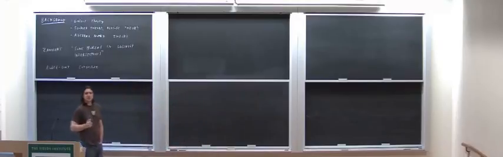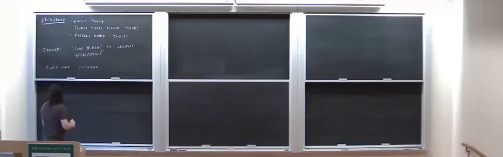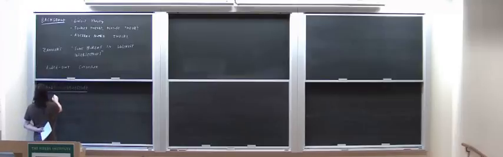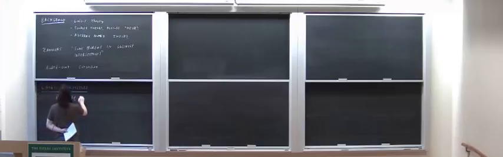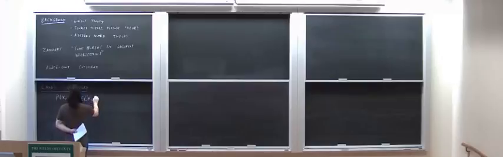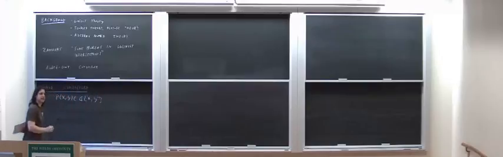All right, so let me start with where the subject, I think, typically starts, which is a result of Lang. So we'll be talking about Lang's conjecture, which by now is a theorem. So we're going to understand the following thing. Consider a polynomial p in two variables, x and y, with complex coefficients.